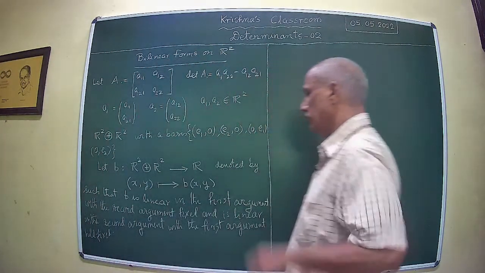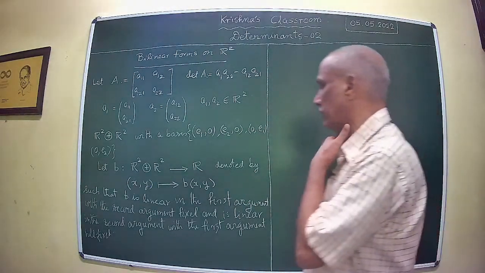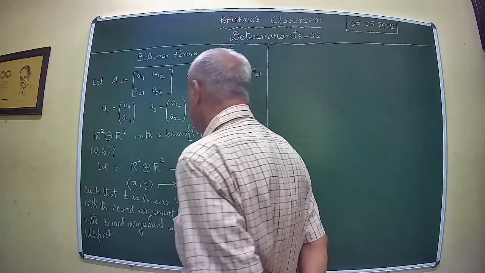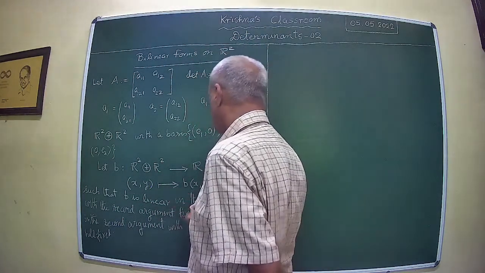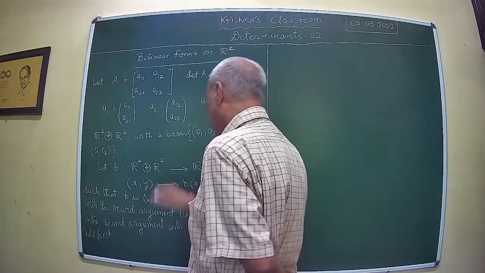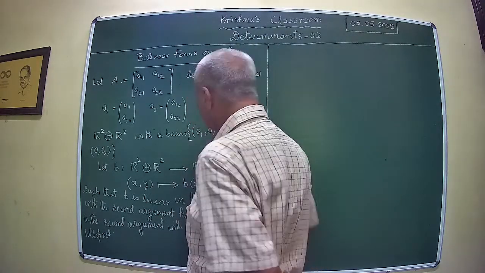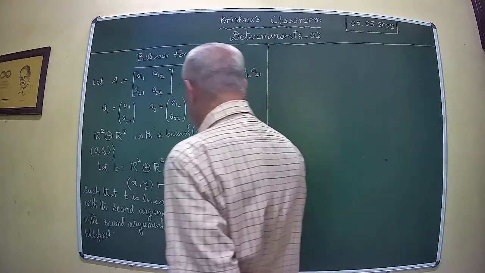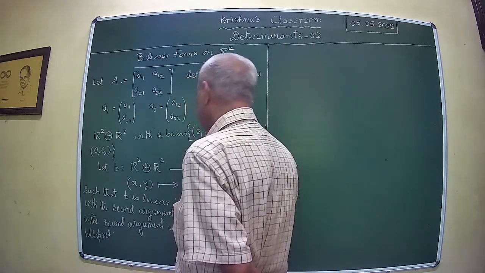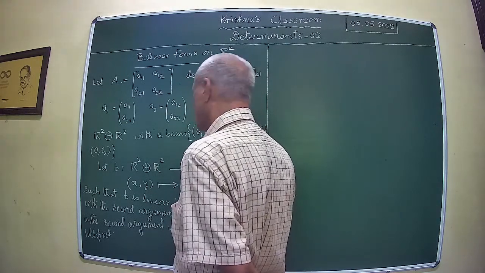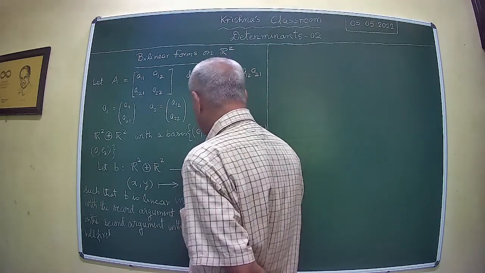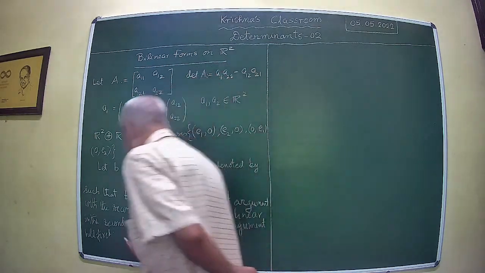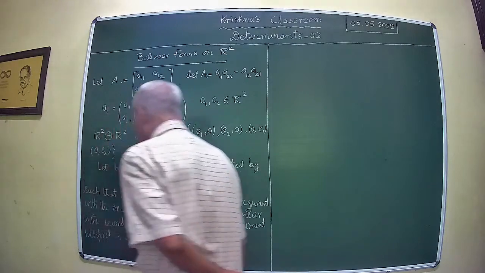So actually the ordered pair x coming from R2 and y coming from R2 is mapped to a real number, and this map has the following property: it is linear in the first argument when you keep the second argument fixed. It is linear in the second argument when the first argument is held fixed. That is, let us write it explicitly.